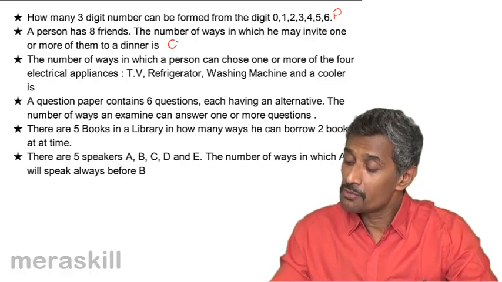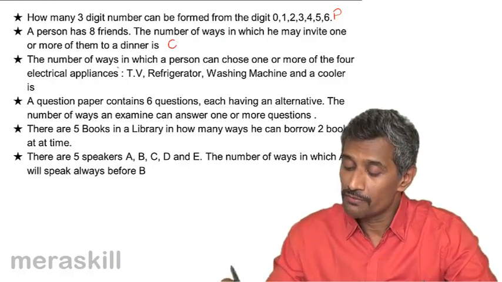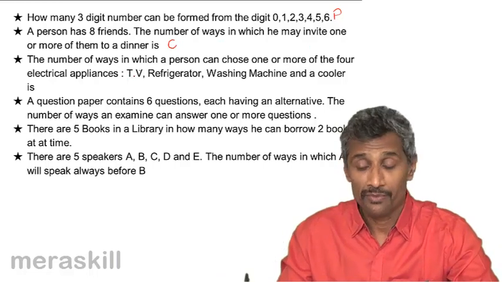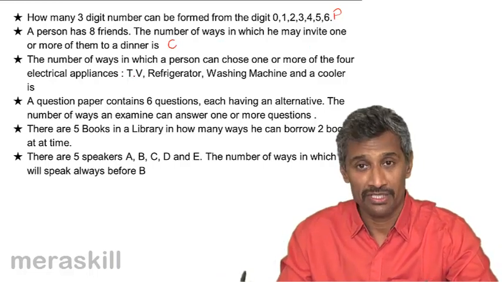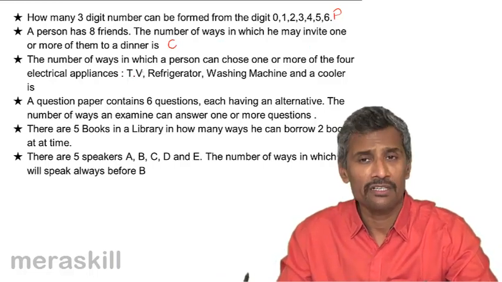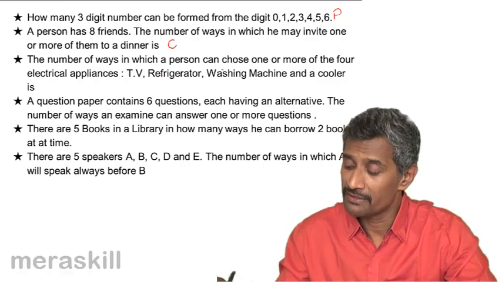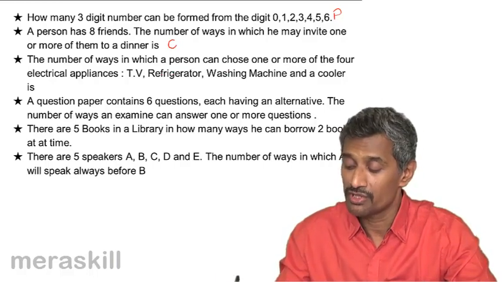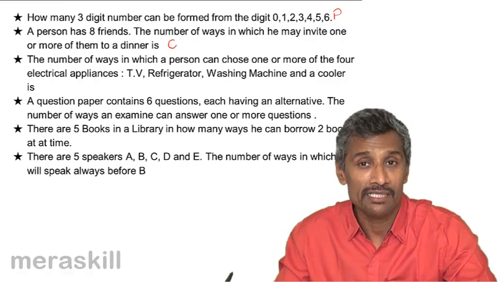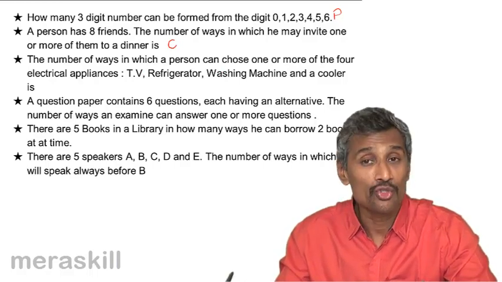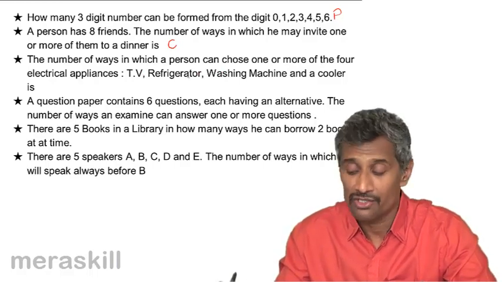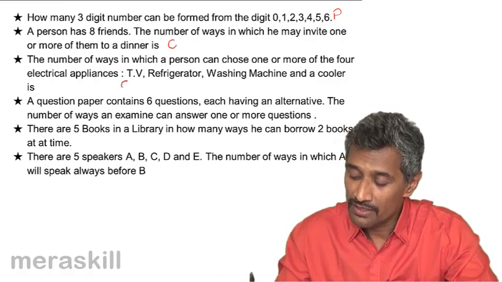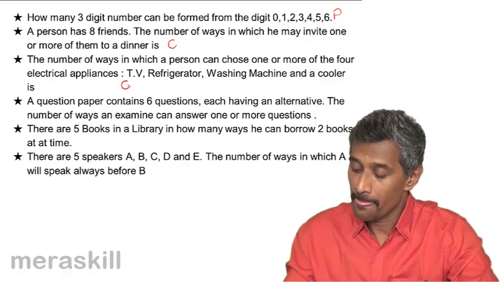Number of ways in which a person can choose one or more of the 4. He may choose a TV, or a TV and a refrigerator, or a refrigerator and a TV, both mean the same, or TV, refrigerator, washing machine, or washing machine, refrigerator, TV, all mean the same. So it's basically a selection or choosing. It's a clear-cut case of combination.